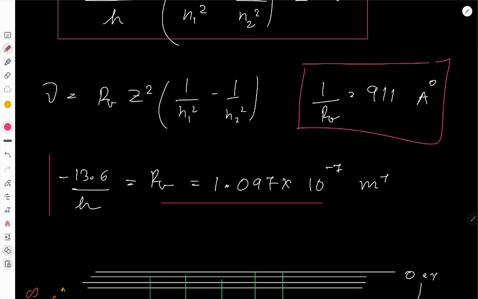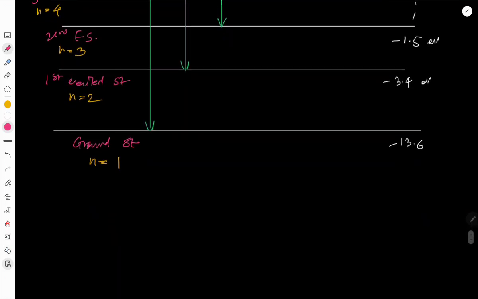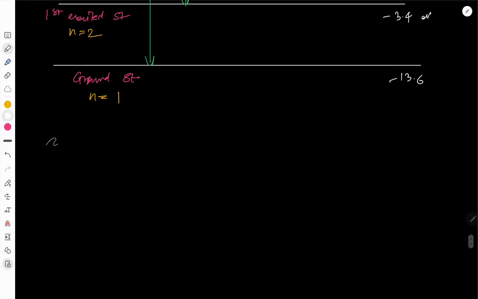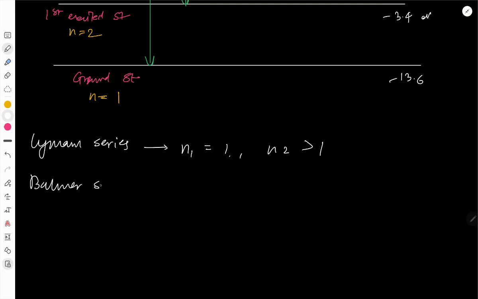This is also important. Now let us continue over here. The Lyman series is where n1 is equal to 1 and n2 is greater than 1. Then comes the Balmer series where n1 is 2.